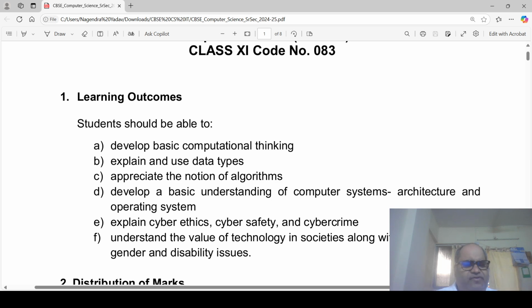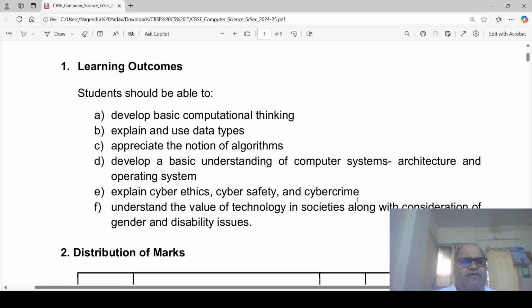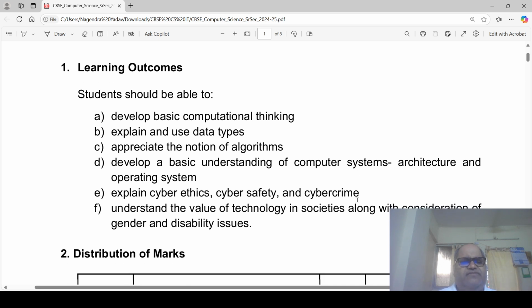In the overall syllabus, they have introduced something where they will finally nudge you to think about how you can write a program when you have some kind of problem statement in mind.